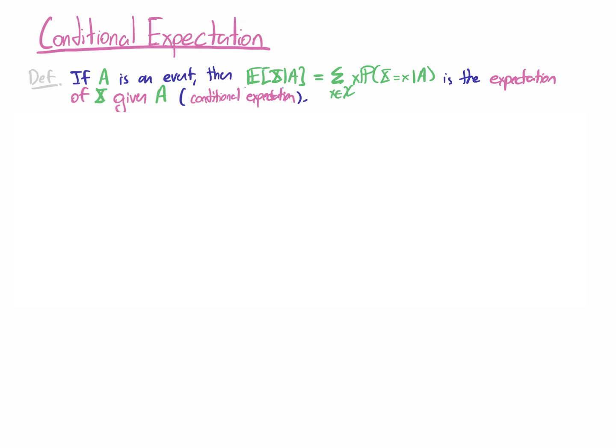So we say the probability that X has value equal to little x given that A occurs. We call this the expectation of big X given A, or alternatively, an example of a conditional expectation.